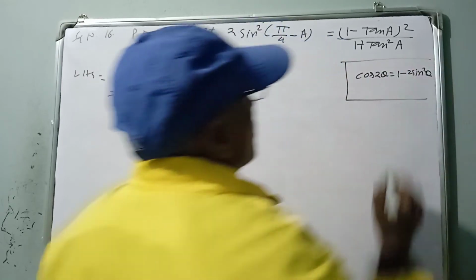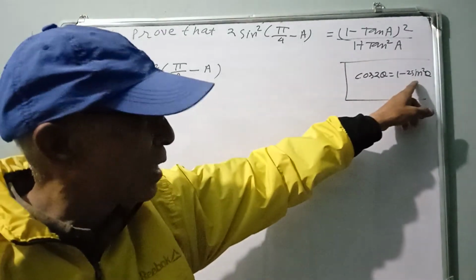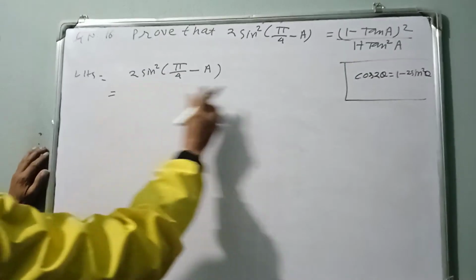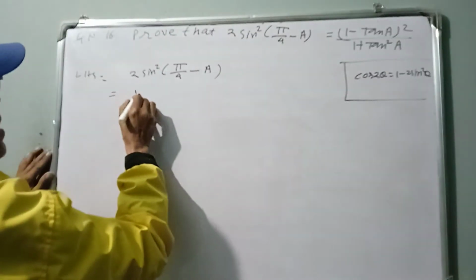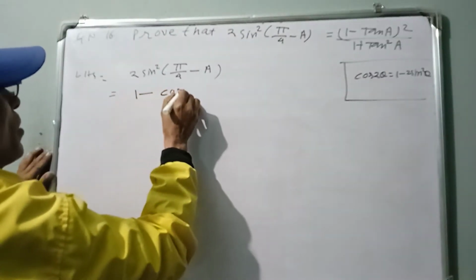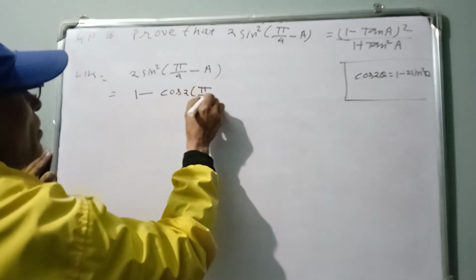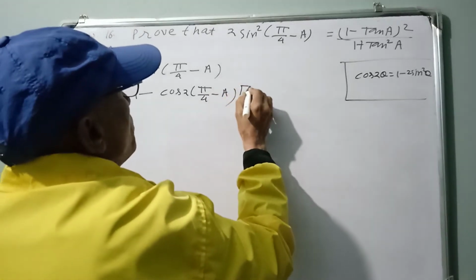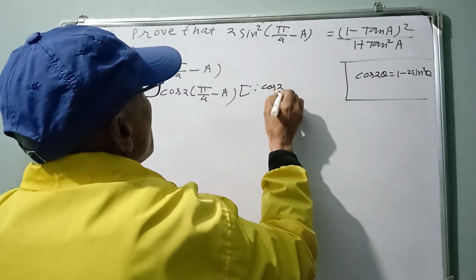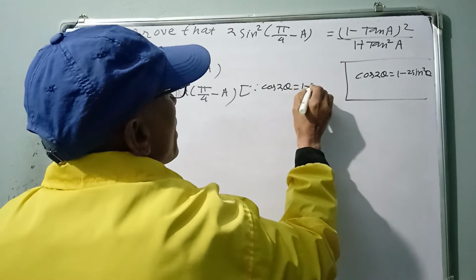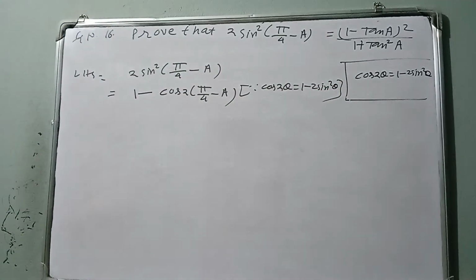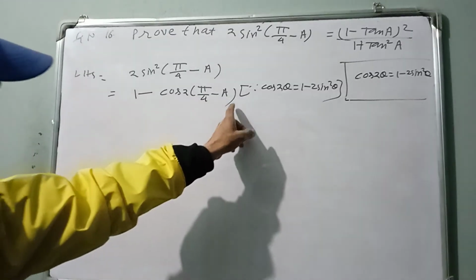Remember this. Cos 2 theta equals 1 minus 2 sin square theta, and derive the formula from it. 2 sin square A is 1 minus cos 2A. Why? Because cos 2 theta equals 1 minus 2 sin square theta, and derived like that. 2 sin square A is 1 minus cos twice A.